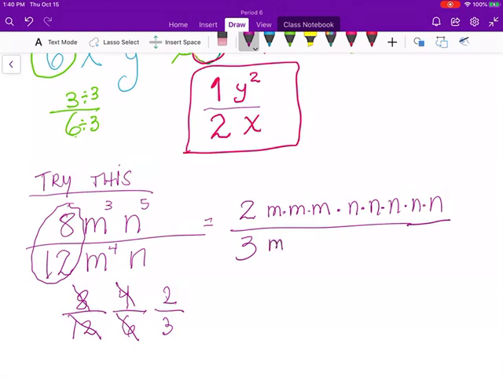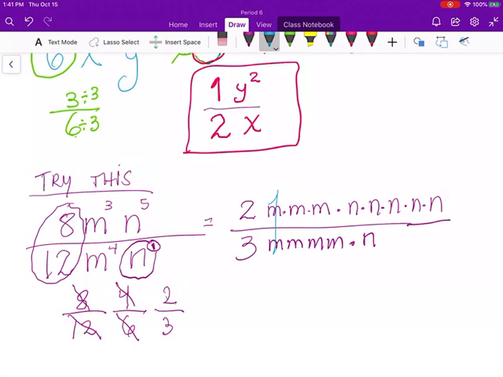You should have 4 m's and 1 n. Remember, if the variable does not have a power, this invisible exponent right here is not 0. It is a 1 because you see 1 n. There's 1 n, so we write 1 n.